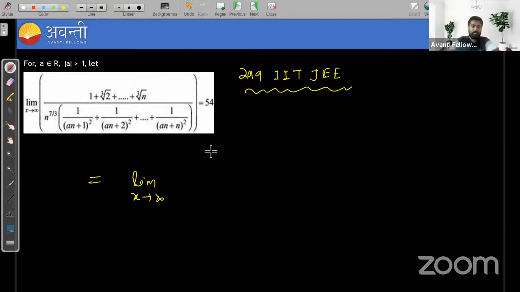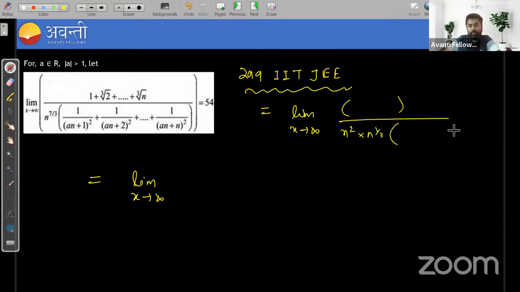Okay, fine. So can you tell me, in the given question it is given that limit extending to infinity, numerator divided by n square into n to the power 1 by 3, and the sum is given as 54. Yes or no?